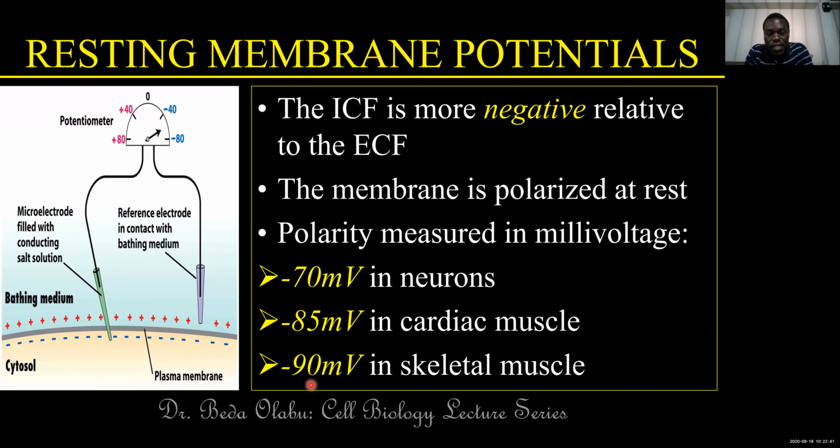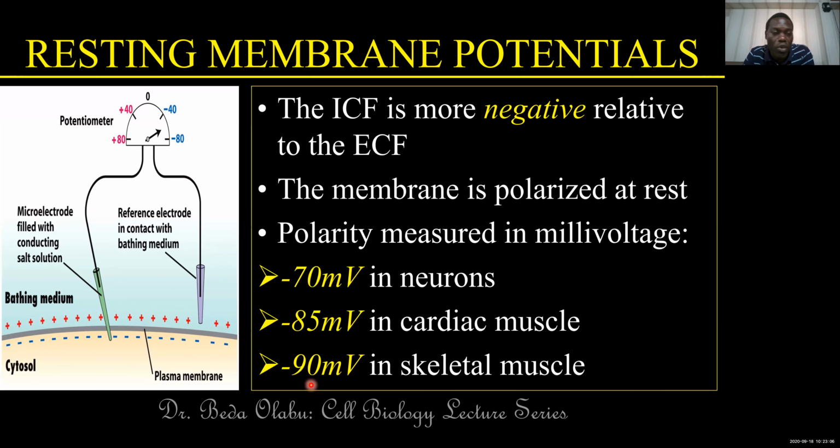For the other cells, it varies, but it's not even important to know them because we'll not be talking about their physiology much. But these 3 we will be talking about their physiology, and that resting membrane potential will be important to take into account. So remember these 3 measurements.